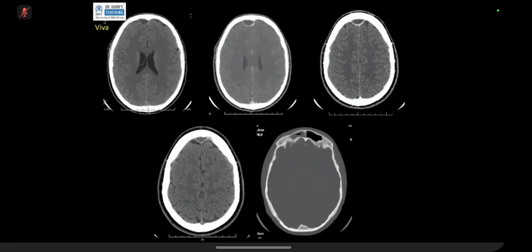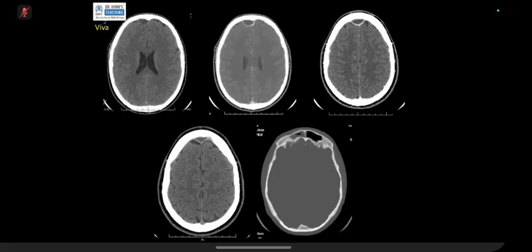Okay, there are slices of axial CT head. I can see that there is a right anterior frontal collection, which is hypodense with the surrounding hyperdensity, and it is in keeping with a subdural collection.